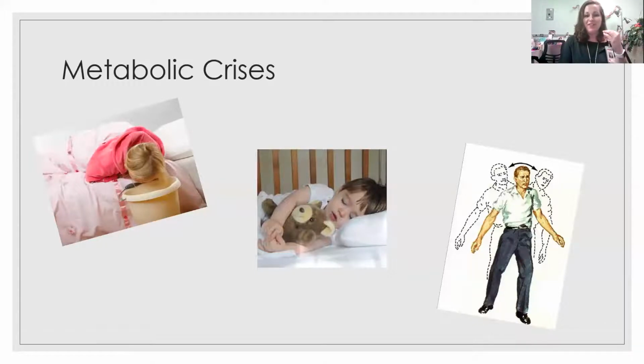Because everything is messed up with the metabolism in the body, sometimes your body will react in a specific way. The most common things we think about are vomiting, which is why I have that picture of that little girl with a bucket. Sometimes kids just vomit and it's not a big issue, but we also worry when kids are vomiting because they're not eating. They're throwing up everything that they're eating, and maybe that's increasing a fasting time for them, which we'll talk about later.